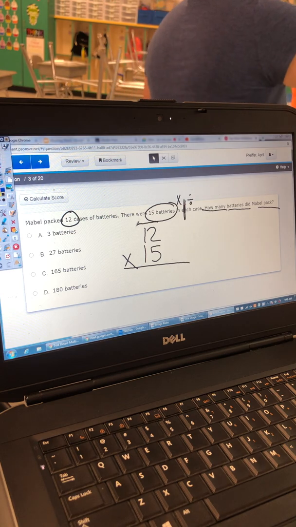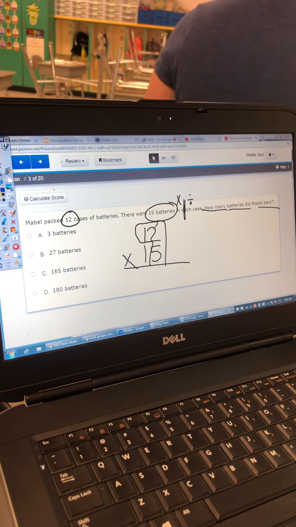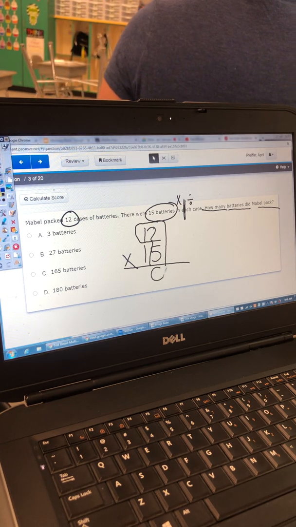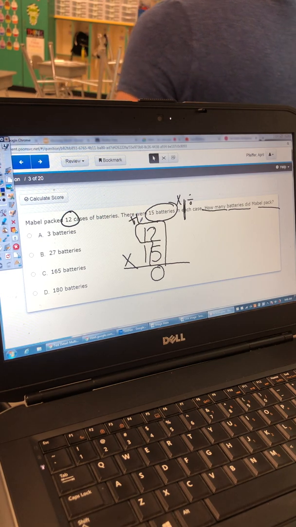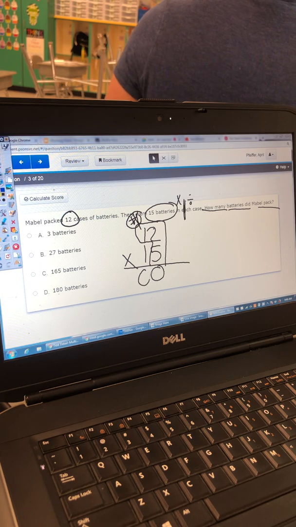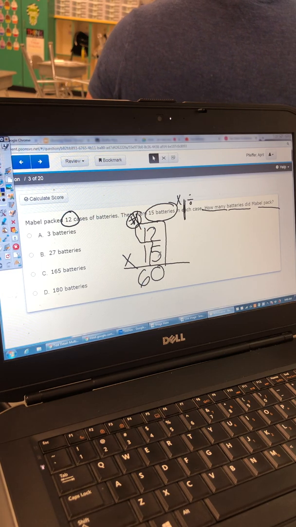Alright, when we multiply, we make our little turtle head. We say 5 times 2 is 10. Put down my 0, regroup my 1. 5 times 1 is 5, plus 1 is 6. Then I say, alright, I'm done with my turtle, but I need to give my turtle a collar.